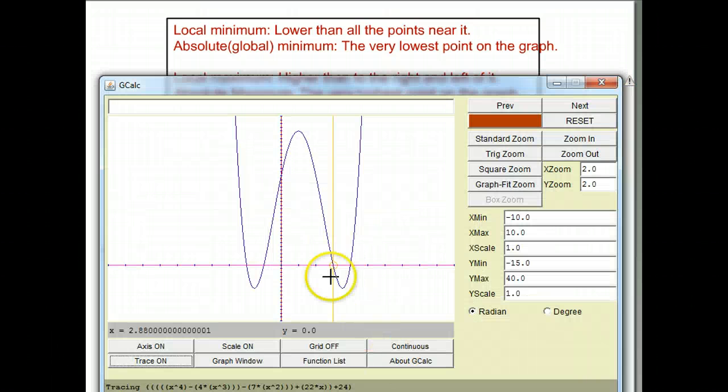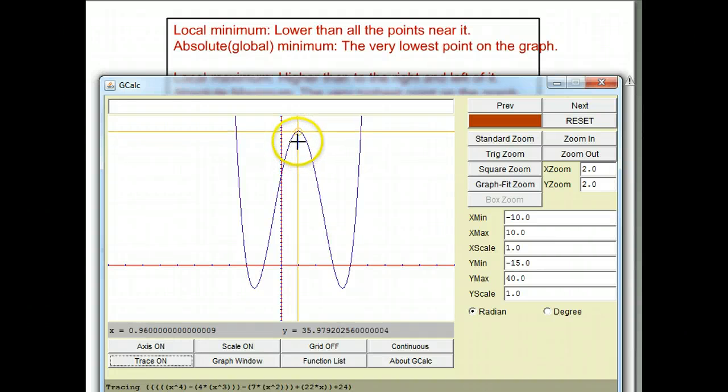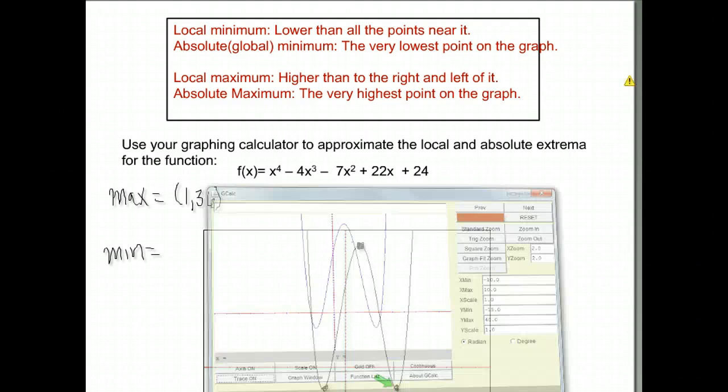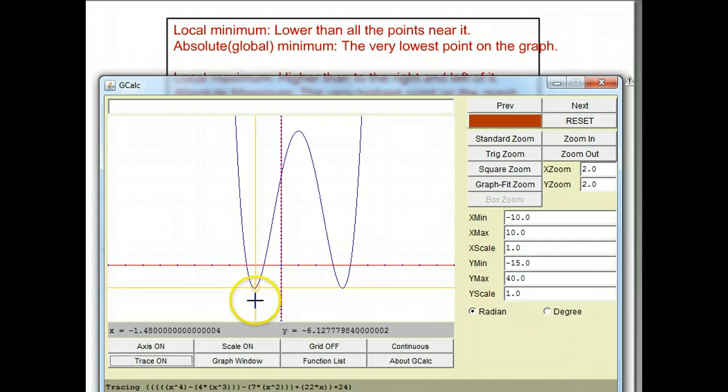And you would just use the trace function on your graph to find where that is. So I go up to the top, and then down there, notice it says x is about 1 and y is about 36. So I have a maximum point at (1, 36). Okay. Minimum points were down here and here, so again I'm going to use the trace to find out where those points are exactly and just kind of estimate. That's all we can do here.